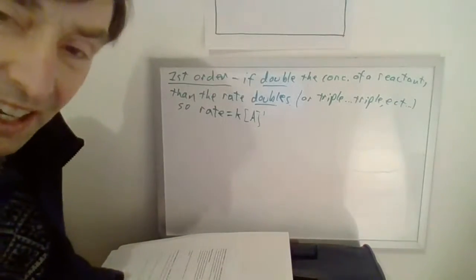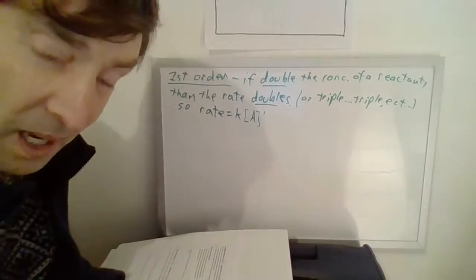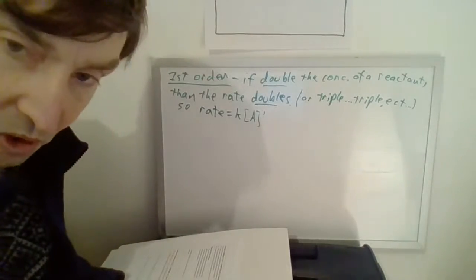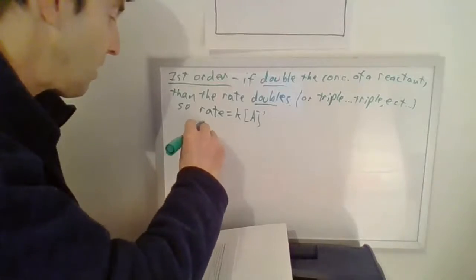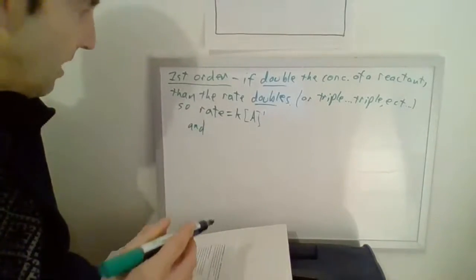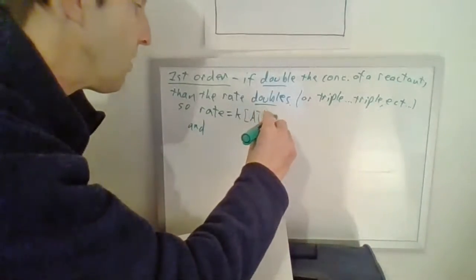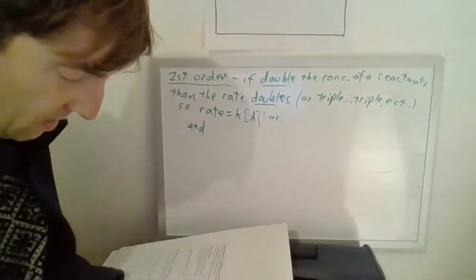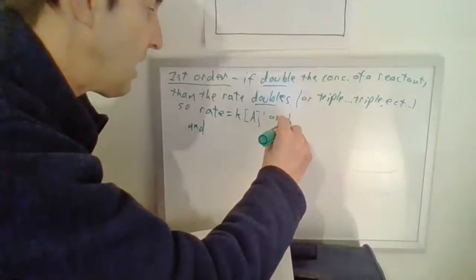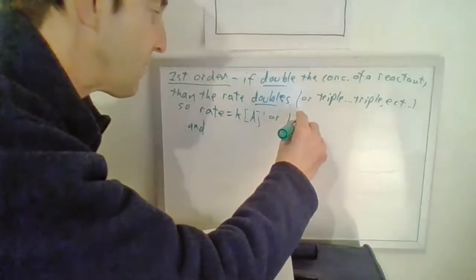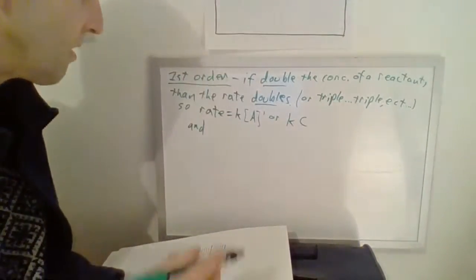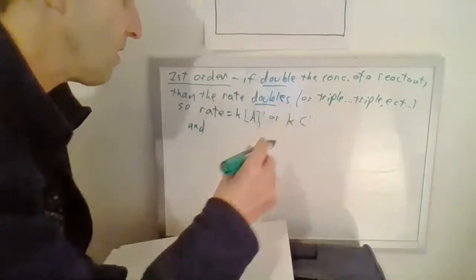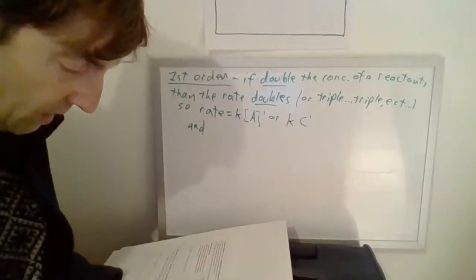Now, to get the fancy-dancy equation, I'm not going to derive it for you. It's got natural log in it. So it looks like this. Here, I'll do it the Cheryl way. She has k times C. And we'll give you the Cheryl version.